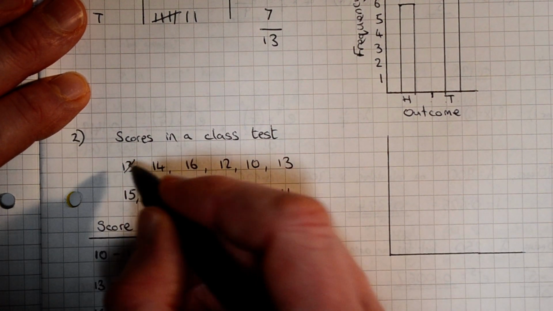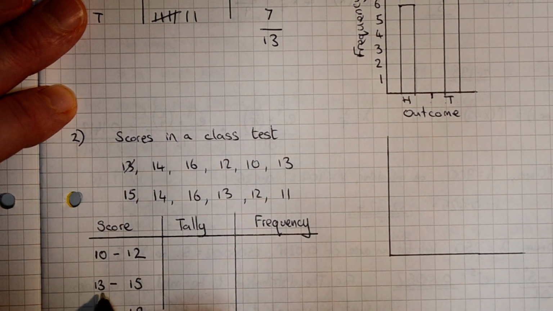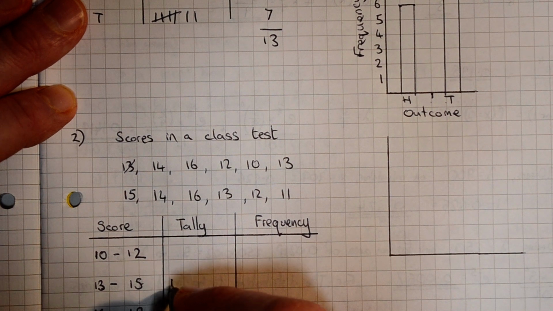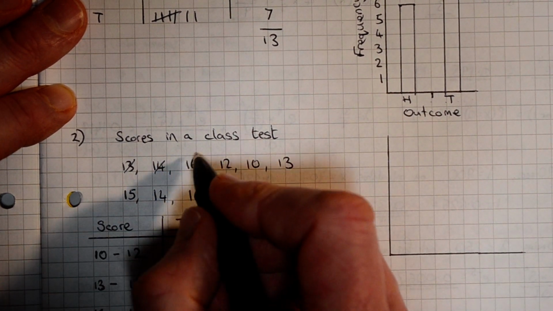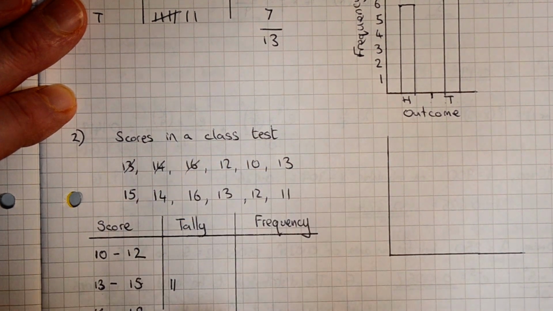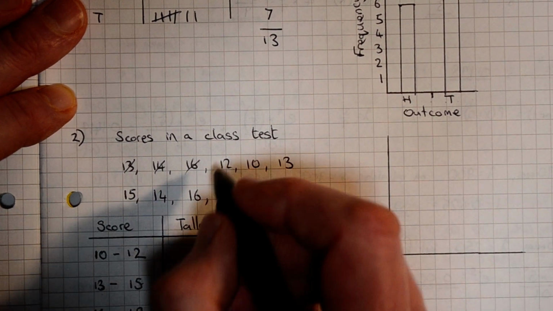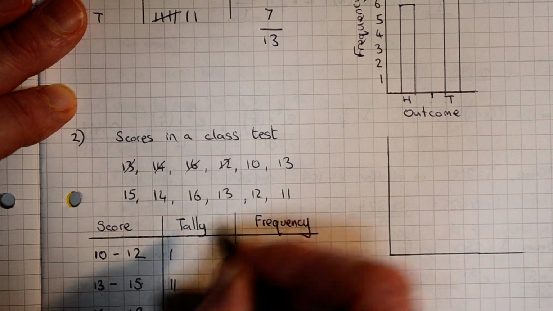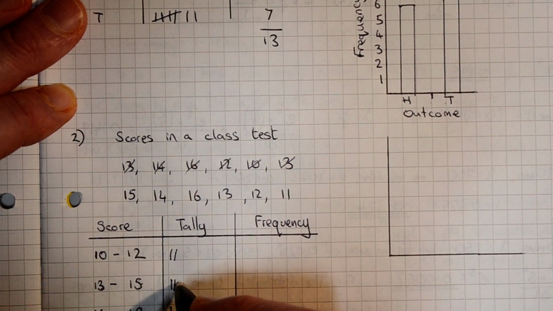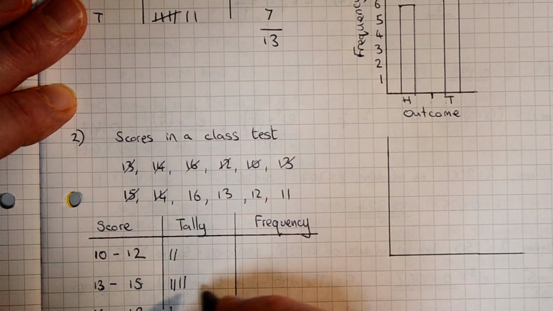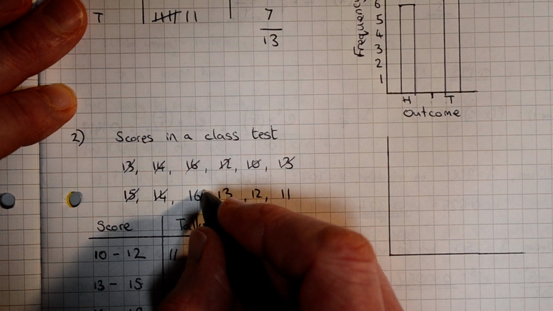So 13, which group does 13 go in? It's the 13 to 15. 14, 13 to 15 column again. 16, that's this one here, 16 to 18, and so on. That's our fifth 16.